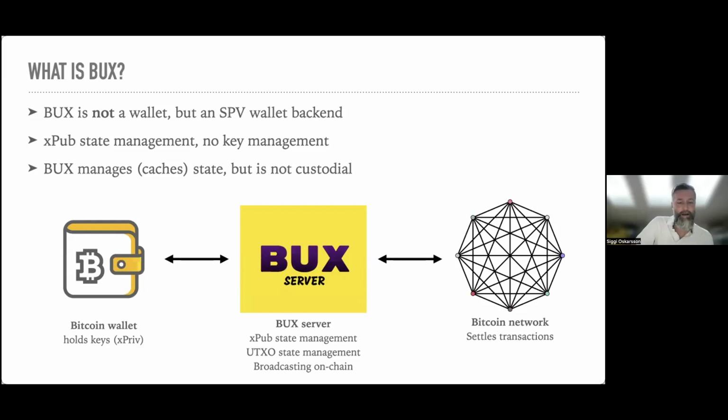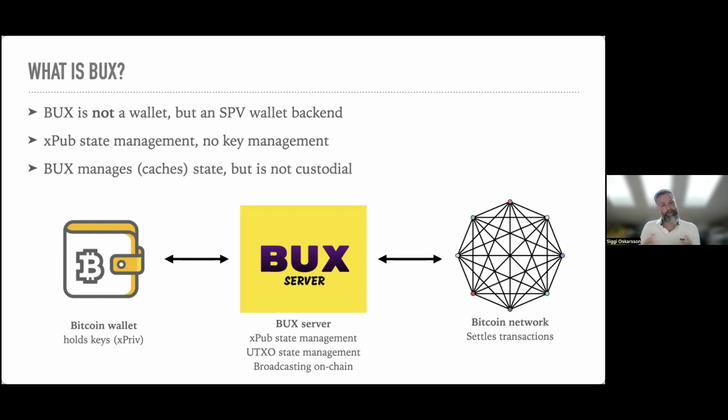is. BUX is actually this thing that sits in between a wallet and the Bitcoin network. So BUX itself is not a wallet. That's very important. It's part of a complete wallet, but it's actually like an SPV wallet backend. So it's a simplified payment verification wallet.